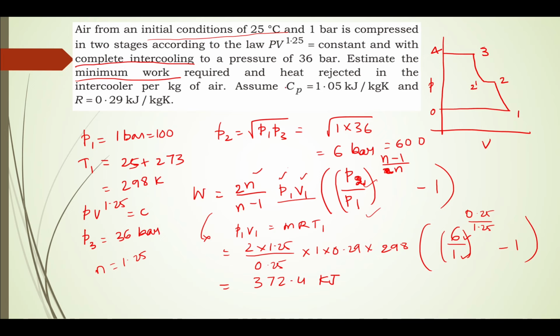Another thing asked is the amount of heat rejected. We have already learned that 2 to 2 dash is the process of intercooling, where pressure is constant. So at constant pressure, heat rejected is equal to m Cp delta T. The initial temperature is T2 and the final temperature is T2 dash, which is equal to T1, because for a perfect intercooler T2 dash equals T1. So it is T2 minus T1.